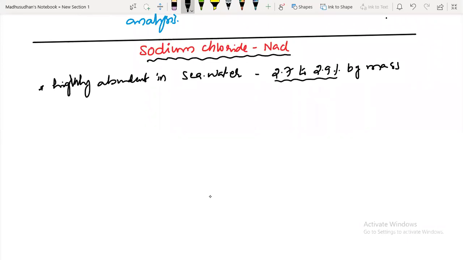Out of 100 grams of seawater, you will get 2.7 to 2.9 grams of sodium chloride. That is the meaning of it. It is mass by mass, small w by capital W.